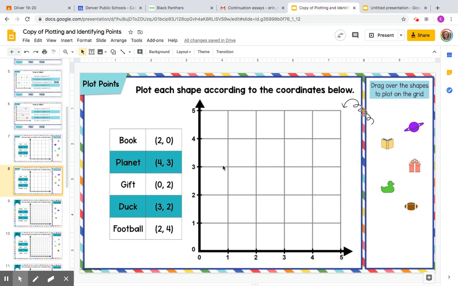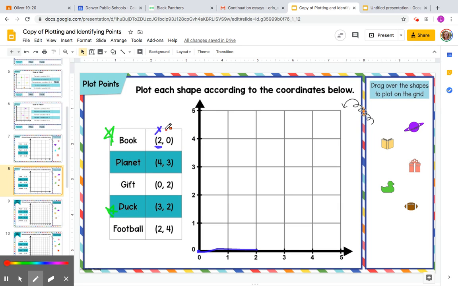Eventually, guys, we're tasked with plotting different points based on their coordinates. So let's try one of those. I want to plot the book, because I feel like reading right now, and the duck. Let's take a look at the book. The book needs to be at 2 on the x-axis. Start at my origin, I go 1, 2.